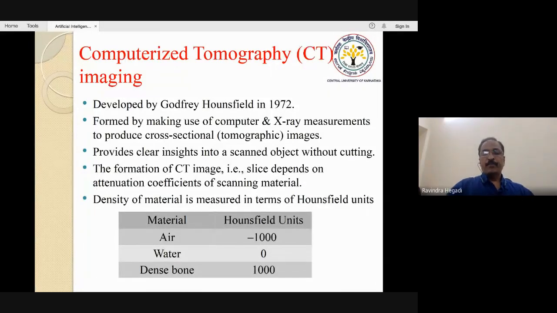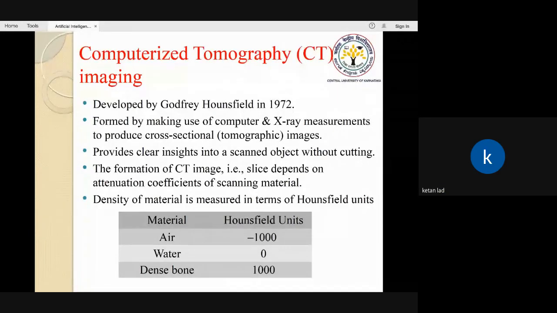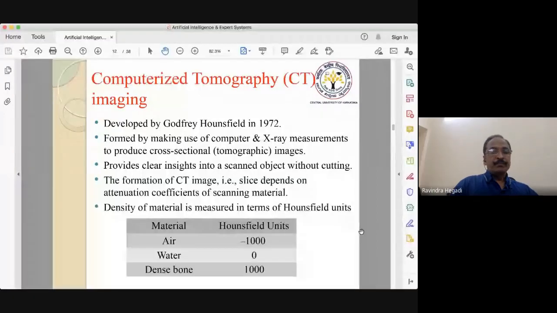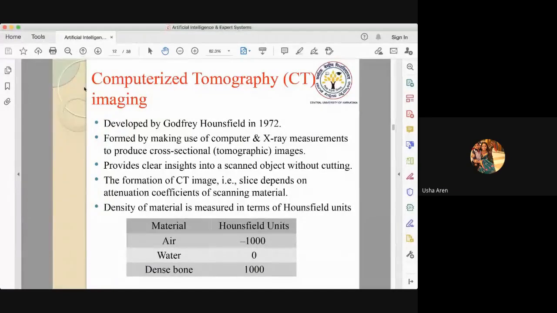Am I audible? Okay. Sir, kindly ask the participant to mute their mic because there is a little bit of disturbance. I think my presentation window has gone. Okay, I will continue. No issues. Somebody is speaking behind.